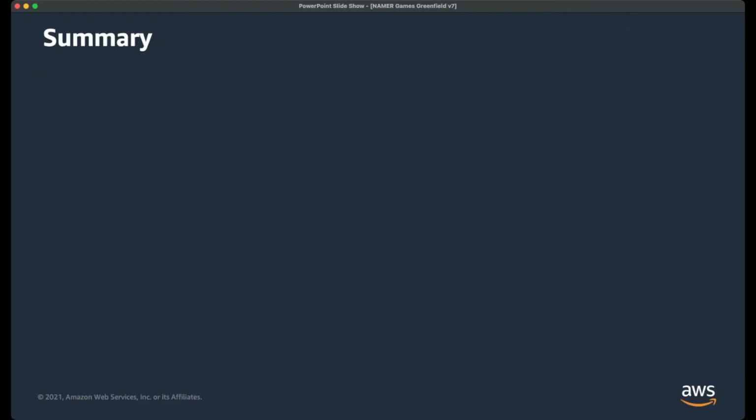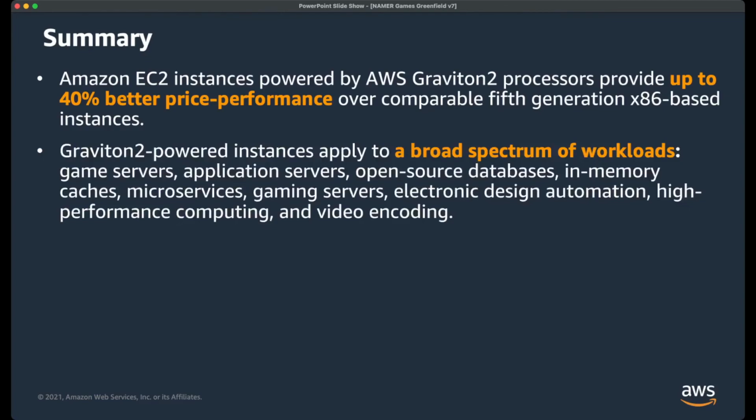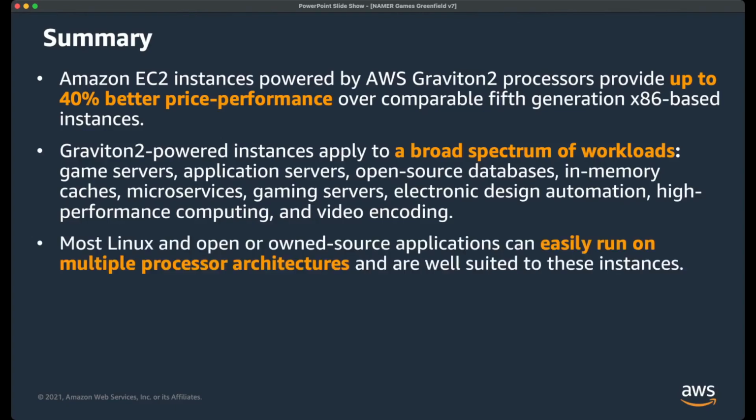So in summary, Amazon EC2 instances powered by AWS Graviton2 deliver up to 40% better price performance over comparable 5th generation x86 instances. Graviton2 is applicable to a broad spectrum of workloads. Here we've got some categories, but pretty much anything Linux and predominantly open source or own source based are good candidates for Graviton2.